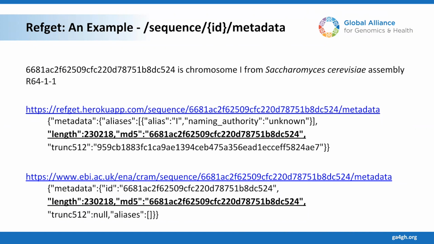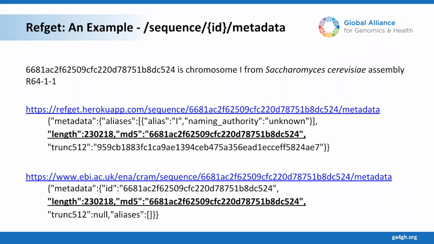So Refget Heroku understands the alias I because it knows that it's chromosome 1. It could also have a concept of naming authority as well. So this could be set to INSDC. It could be set to UCSC, Ensembl. There are a number of known naming authorities that we've mentioned in our specification that we encourage implementers to use. But it's basically left there to be a fairly free text field.